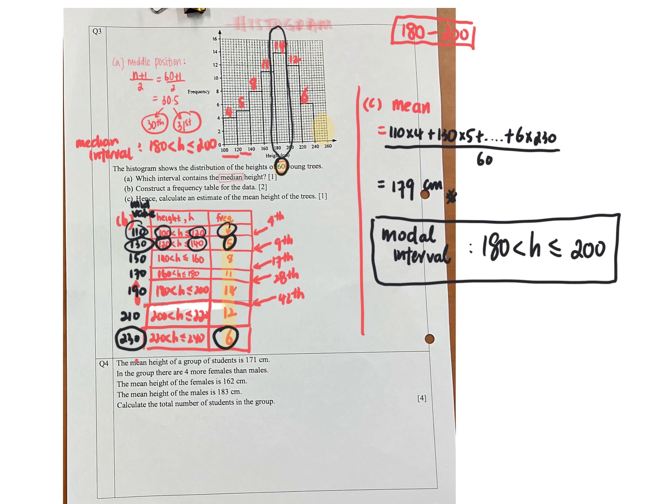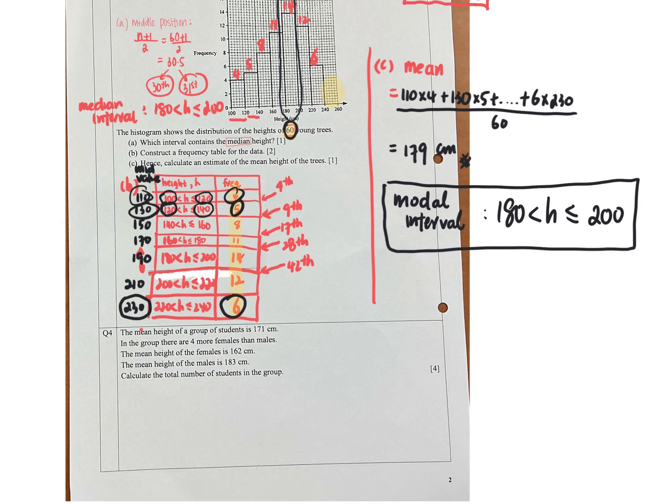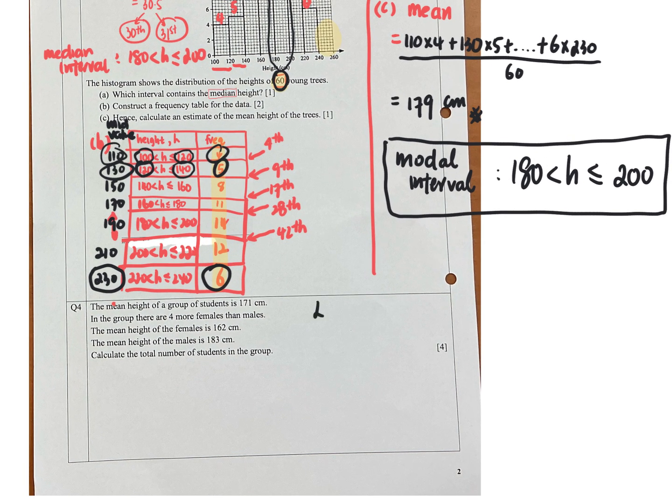Okay, the last question is the interesting one that many of you left blank. Okay, good. I told you the other day that you can let number of males be X. If you prefer to let it be N, you can use any letter you want.